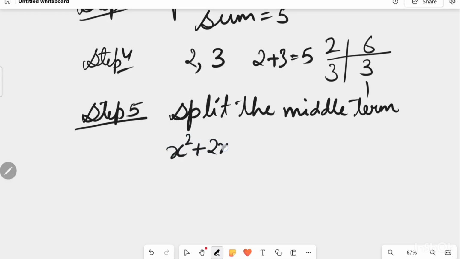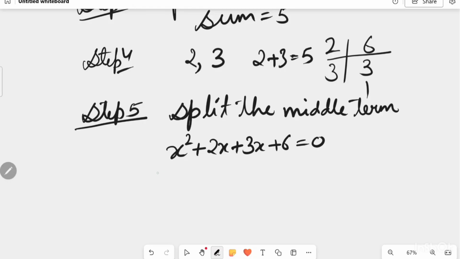We have two factors, x square plus 2x plus 3x plus 6. We will find that pair of numbers whose sum is the middle term and product is the product of a and c.